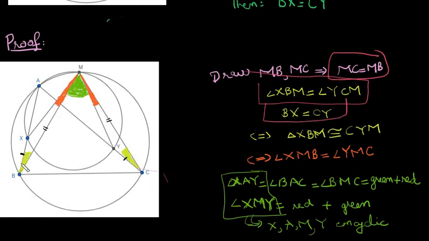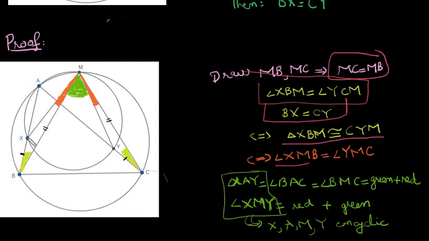So for these two triangles, XBM and YCM, we have two sides and an angle between those two sides. So this automatically implies that these two triangles are congruent. So right here we have these two triangles congruent.